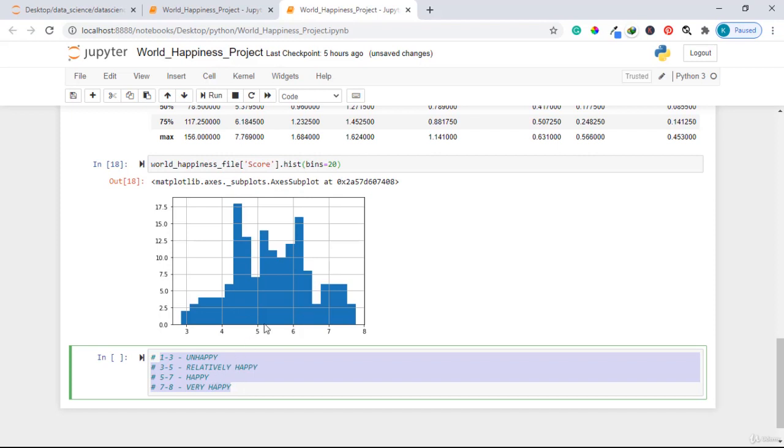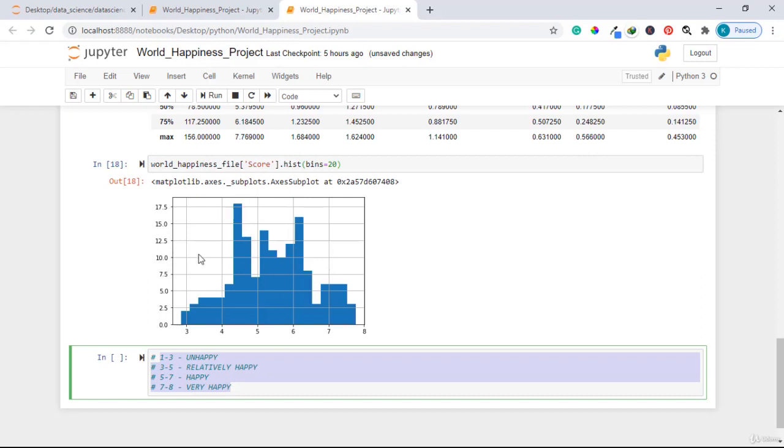If I come again here, I can say this is around 6.2, so again I can say we have around 16 countries that are generally happy. Because if you look down here, 1 to 3 represents unhappy, 3 to 5 relatively happy, 5 to 7 happy, 7 to 8 very happy.